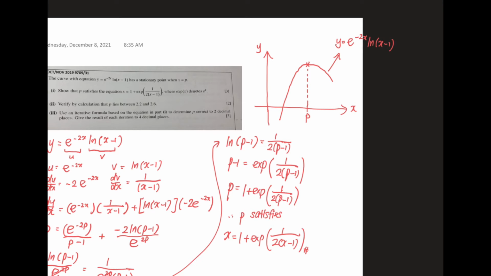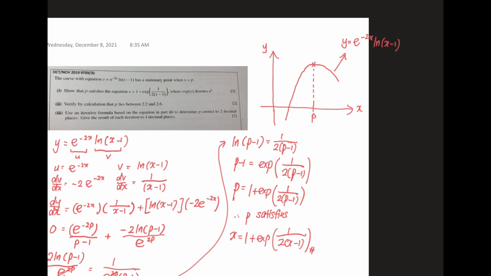Okay, so first, can we substitute 2.2 and 2.6 into this curve? Let's imagine about that. If this is my stationary point, then 2.2 is before it, 2.6 is after it.